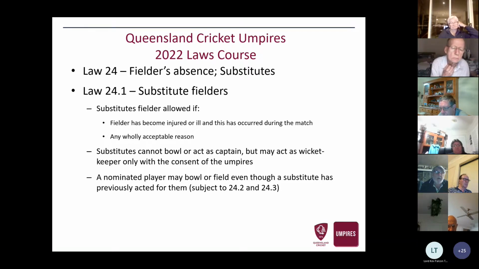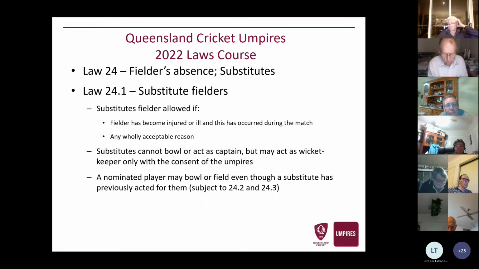Law 24.1 says we can have substitute fielders, provided that the fielder has become injured or ill during the match, or for any other wholly acceptable reason. Any substitute needs to be cleared through the umpires, and that decision is entirely up to the umpires.